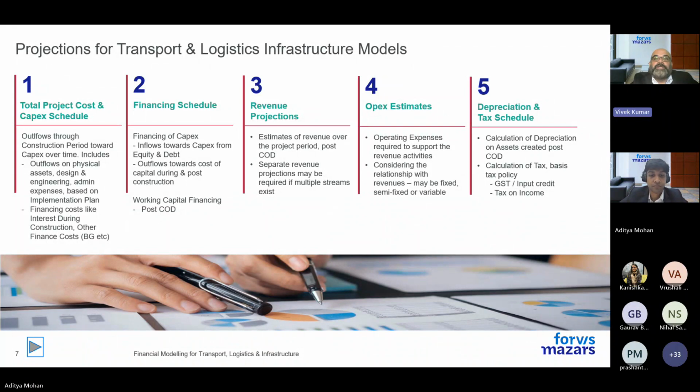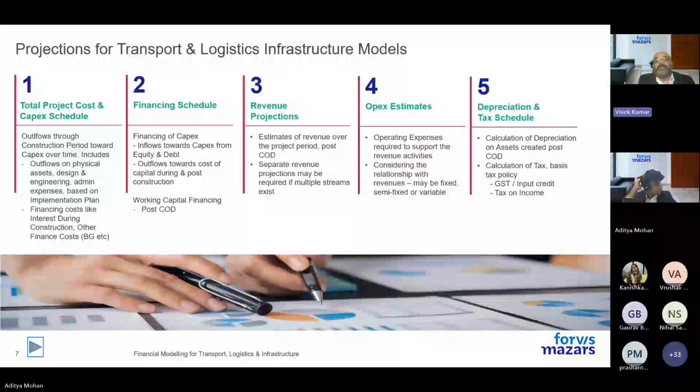So you will have segments for dry warehousing, chemical storage, fertilizer storage, food storage, silos, etc. The rates would be different for all of them, and the volumes and market dynamics would be different for all of them. So you would calculate revenue projections for each segment. You'll say revenue for dry warehouse, revenue for cold warehouse, revenue projection for your silos, revenue projection for your open stockyards, etc. So that's how you would calculate the revenue projection.